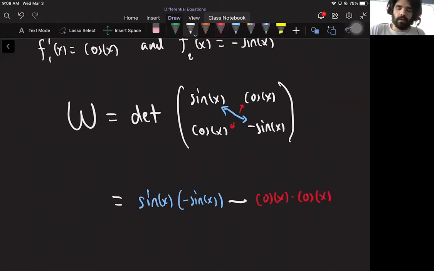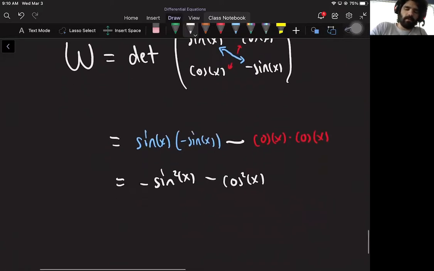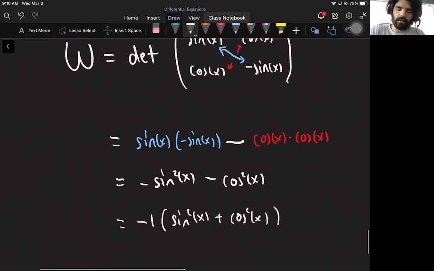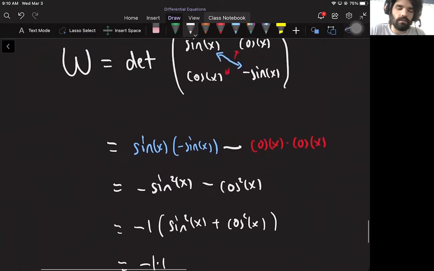And that's it. That's the whole determinant. So now we can simplify this as negative sine squared of x minus cosine squared of x. Now you might not remember this cool trig identity, but if I take out the -1, you might see it more clearly. Sine squared plus cosine squared equals 1. That's a trig identity. So this just becomes -1. Okay, so that's the Wronskian for these two functions.